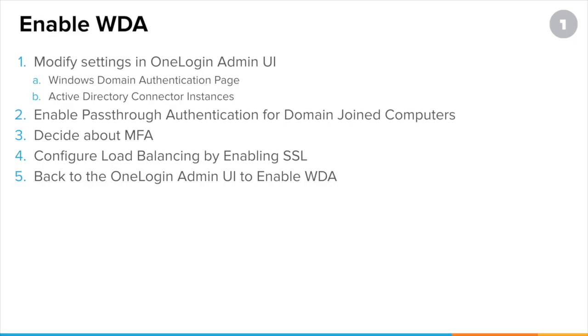Again, remember, SSL is required if you want to enable load balancing between the Active Directory connector instances, which is, again, a best practice. And then finally, there is an enable checkbox that you want to check back over in that OneLogin admin UI. This will make sure that the feature is turned on for all your users.